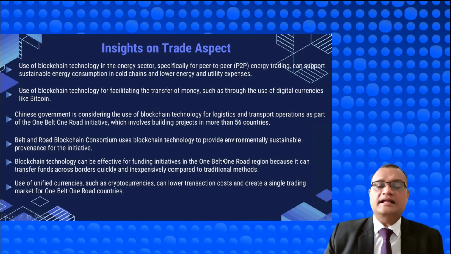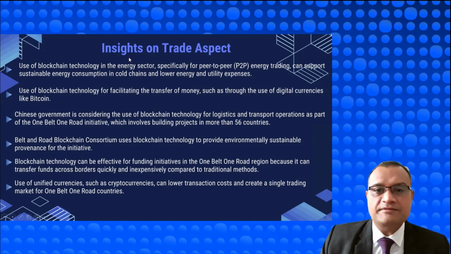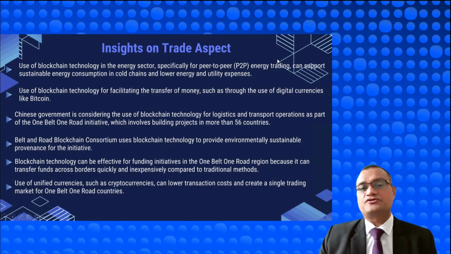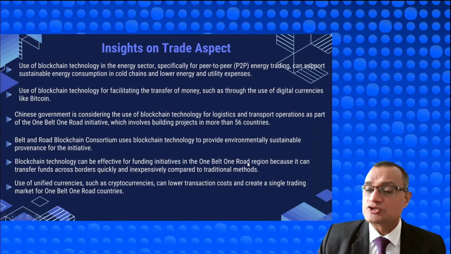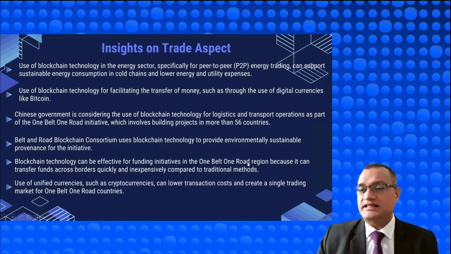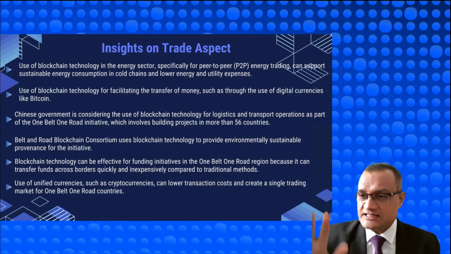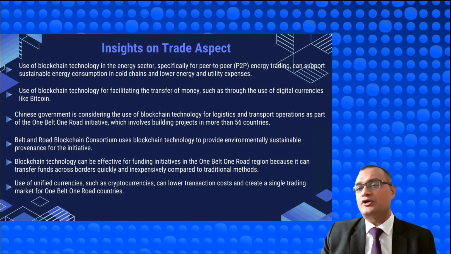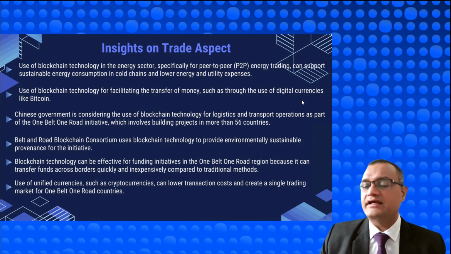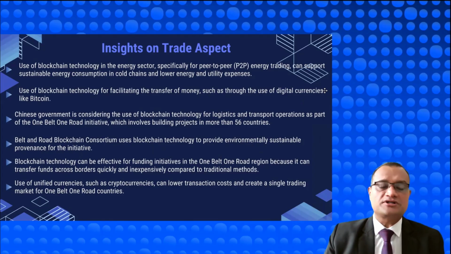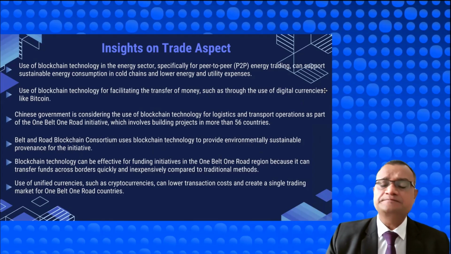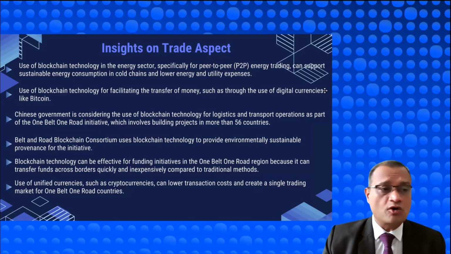So going ahead, let us see the fourth dimension, the insights on trade when you are using the blockchain. For use of blockchain technology in the energy sector, you can specifically use P2P, peer-to-peer energy trading, and this can support sustainable energy consumption. When you look at the cold supply chain, lower energy utilization expenses, utility expenses, and so on.